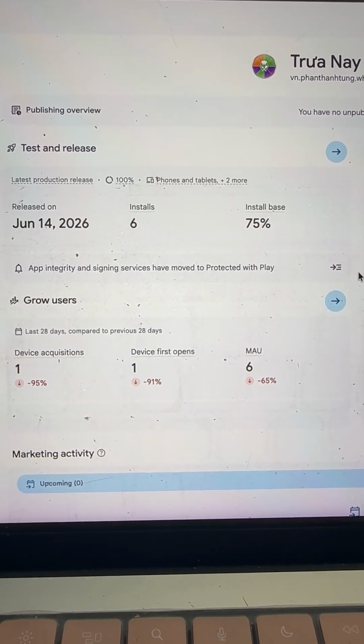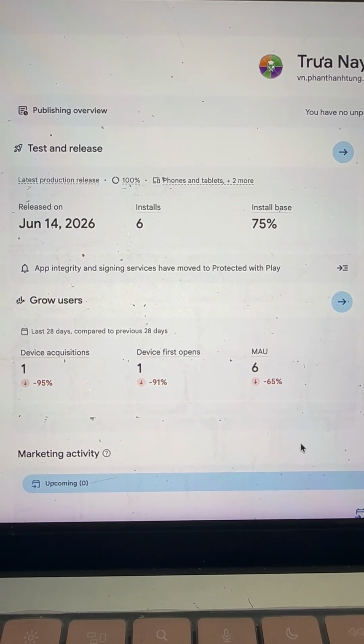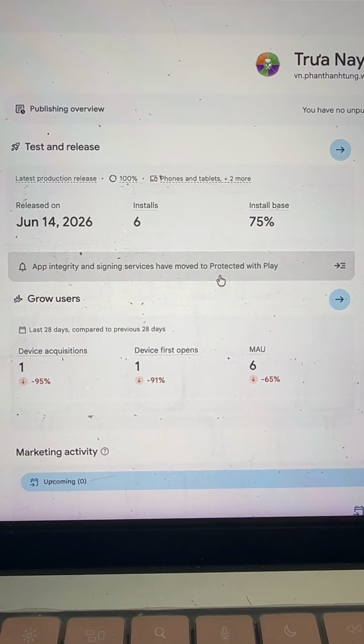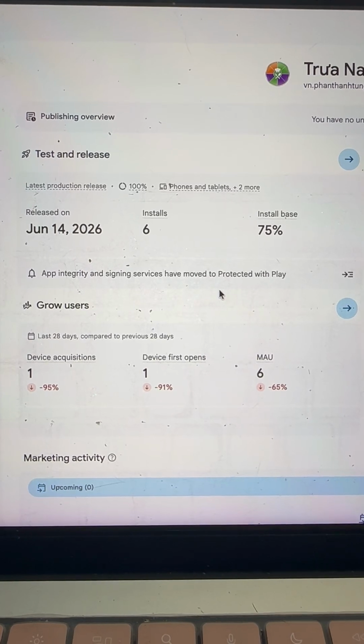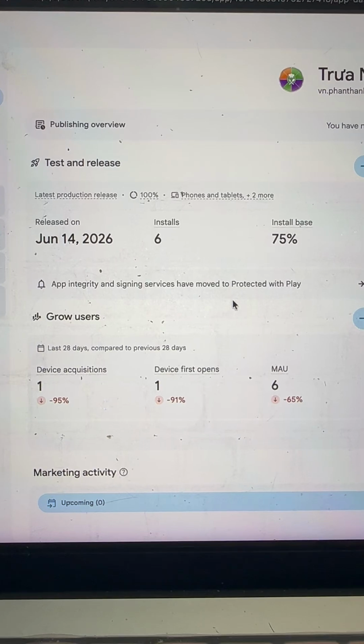The good thing is Google already approved our applications, and they are available for all Android users to download on the Play Store.